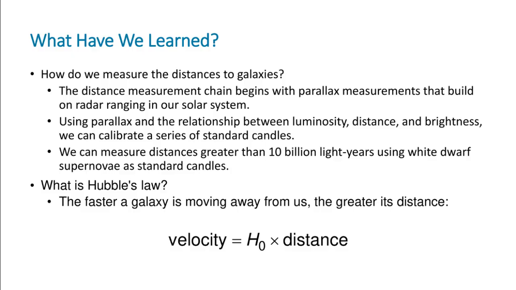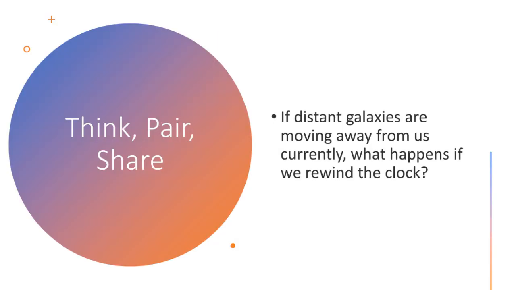Or you can do velocity divided by Hubble constant equals the distance. But let's talk about the implication of everything moving away from us. So maybe for a minute, talk amongst yourselves. If distant galaxies are moving away from us, what happens if you rewind the clock backwards?